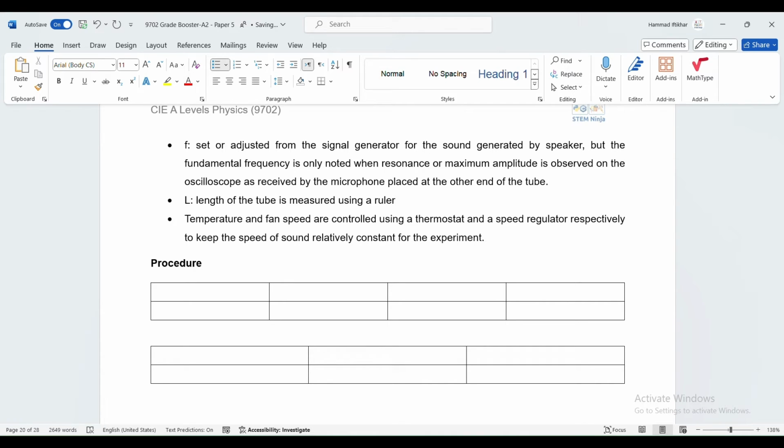Because as we know, the speed of the wind and the temperature of the air will affect the speed of sound, although even small changes, but we have to avoid that. Now, procedure.